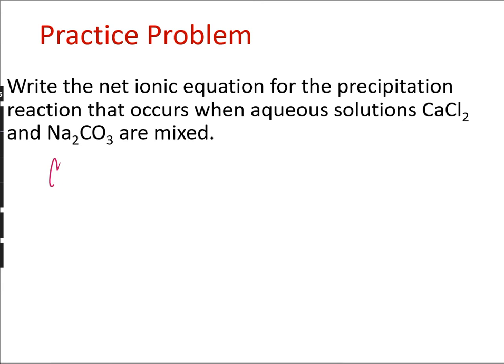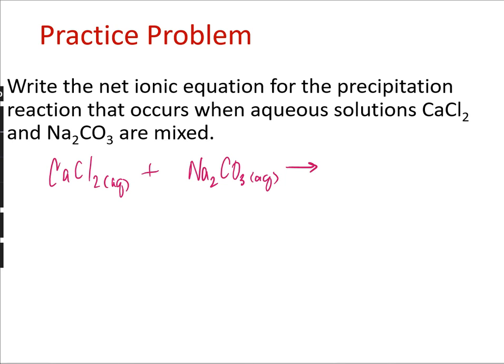So when we combine the calcium chloride, again, the problem already told us it was aqueous. We can confirm that on the solubility table, but I'll just go ahead and show it here. With the sodium carbonate, we first have to identify what ions are present. Because these are both ionic compounds, we know that they're soluble, so we know that ions would exist.